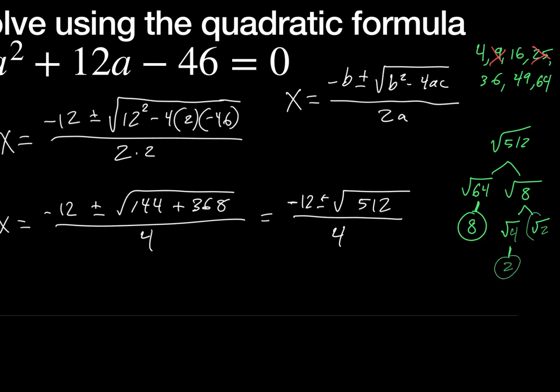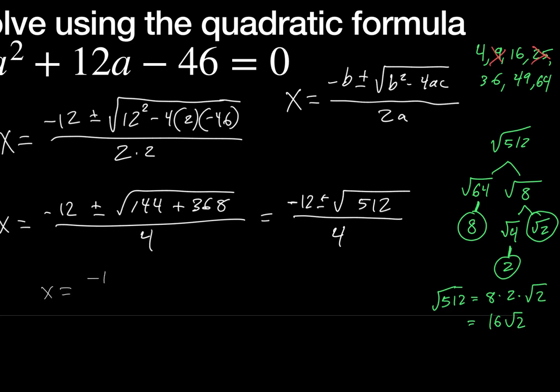And then when I get to a prime number, a number that cannot be divided by any other number, that little leg of the branch of the tree is done. So I'm left with the square root of 512 is equal to 8 times 2 times the square root of 2. And that's these values here. 8 times 2 times the square root of 2, which is 16 square root of 2.